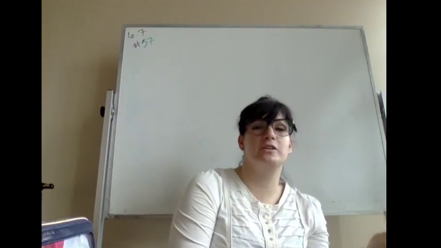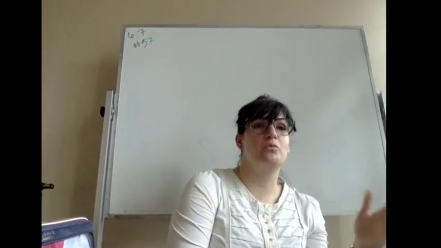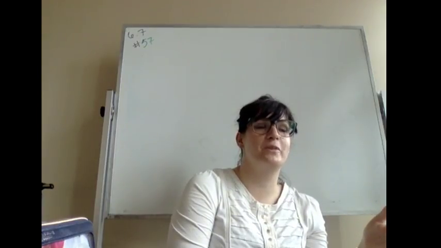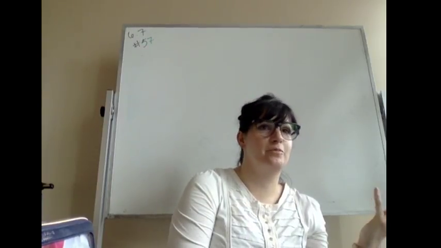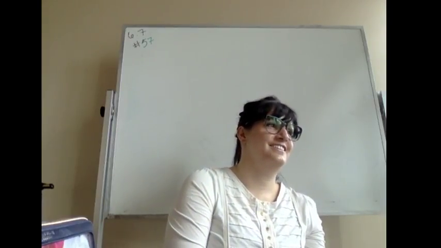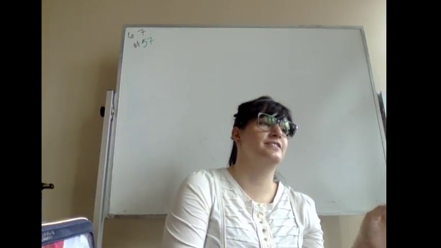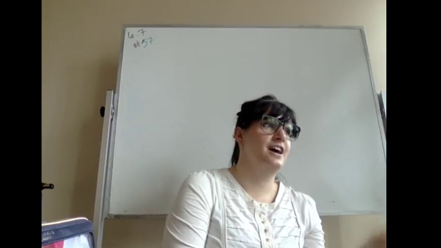Okay, so how many times do we need to multiply by 10? If you had 1 million, how many times do you need to multiply by 10 to get to 1 billion? Million has 6 zeros and billion has 9.